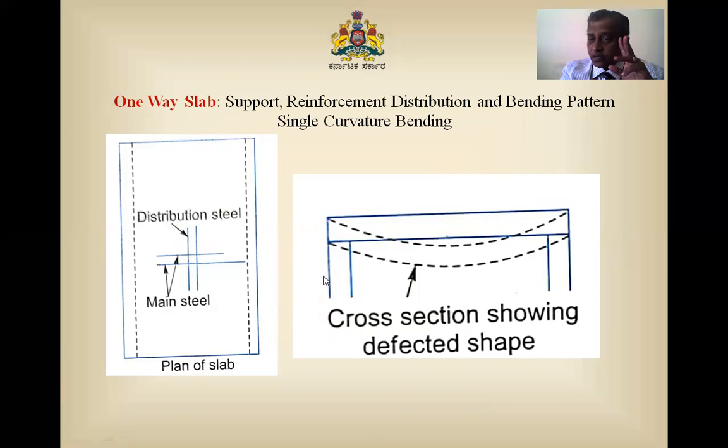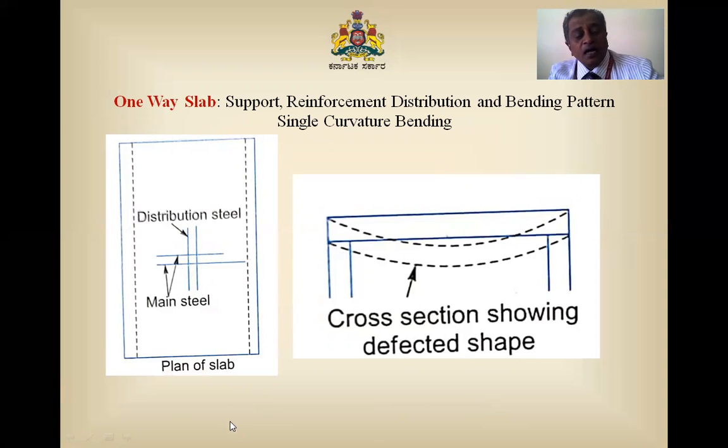Two types of reinforcement in any slab will be there. One is along the shorter span, one is along the longer span. In a one-way slab, the main reinforcement is the reinforcement arrived at by designing as main steel, and that main steel is to be spread across the shorter span.